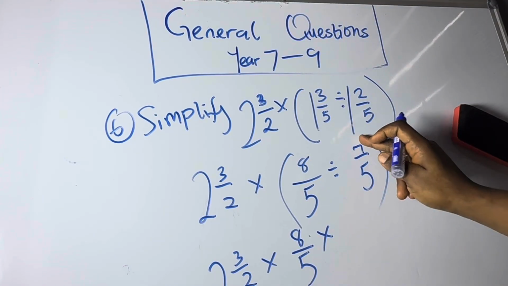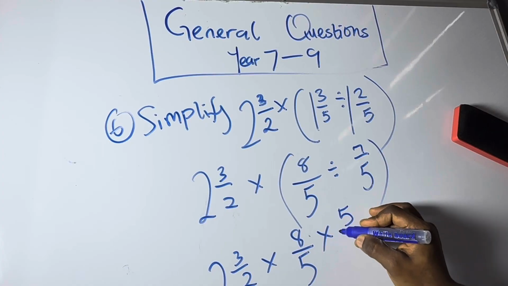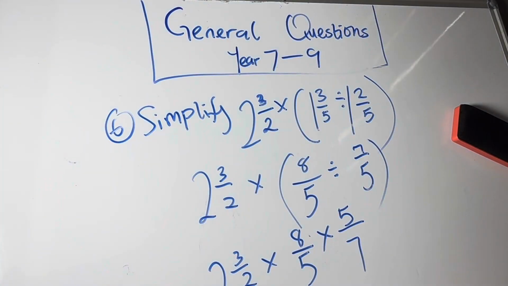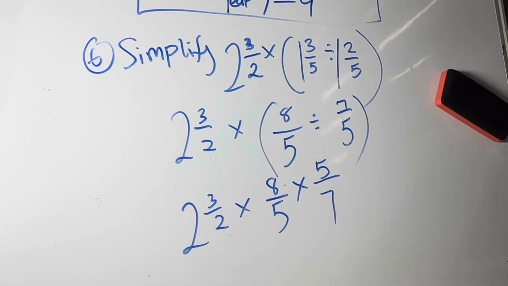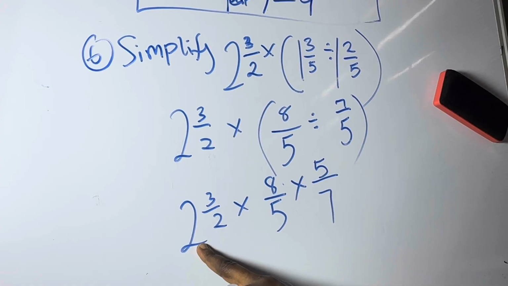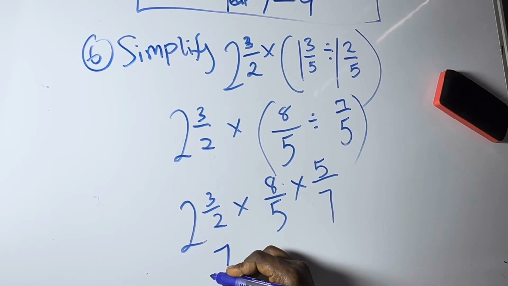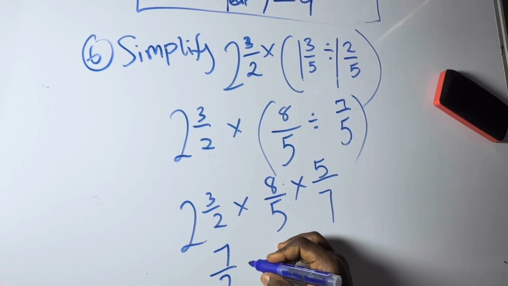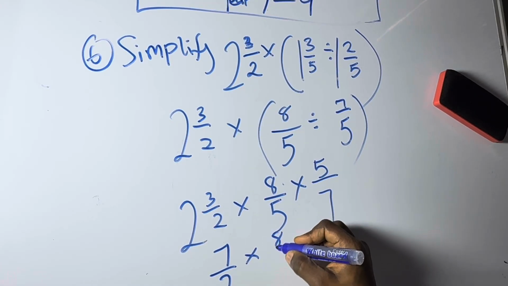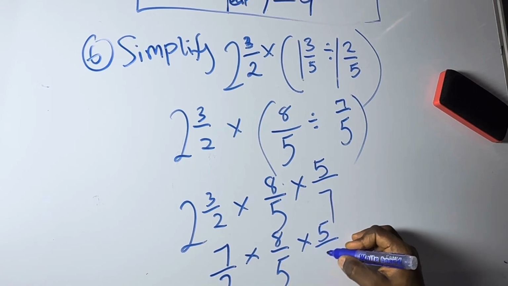So here, we are going to exchange these numbers by saying 5 over 7. Now, the next step is, I can now convert this by saying 2 multiplied by 2 is 4. 4 plus 3, that's 7 over 2 multiplied by 8 over 5 multiplied by 5 over 7.